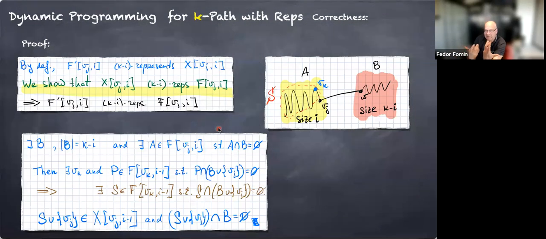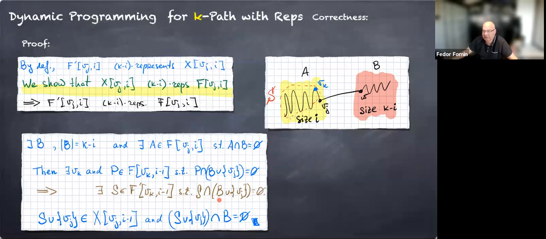This set of vertices does not intersect the set B together with v_j; in this picture, these sets are disjoint. For these sets we can now apply the induction assumption, because the family F' for sets of size i minus 1 is representative. So there exists a set S from this representative family such that this set is also disjoint from the set B plus v_j.